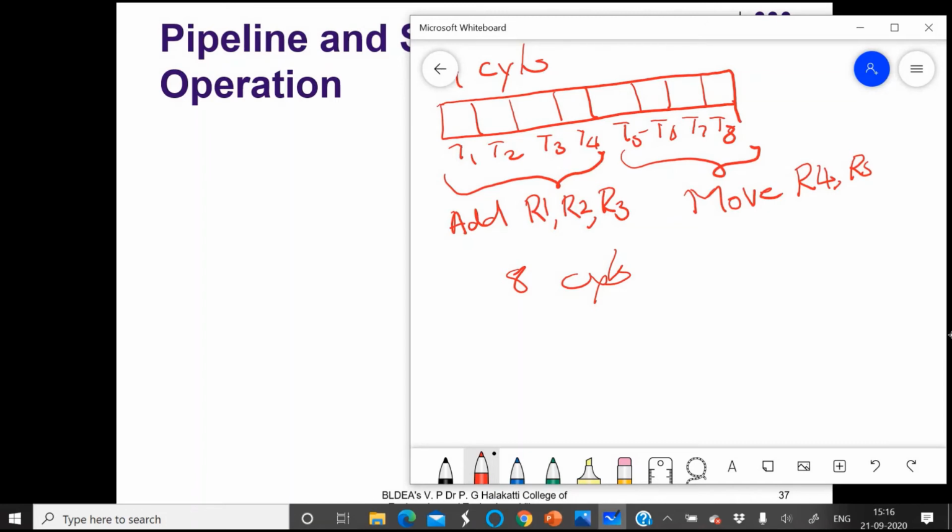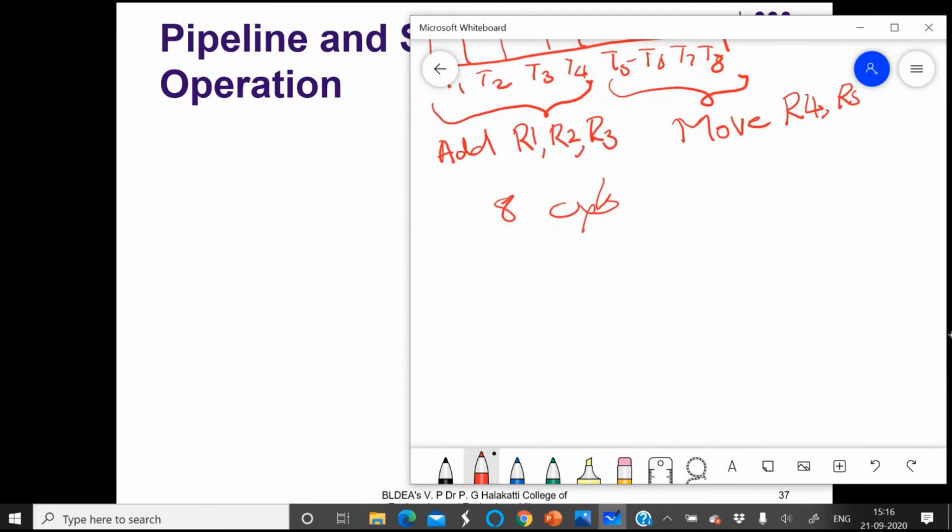If we use pipelining and prefetching, we will require only 5 cycles. Now let's see how it can be 5 cycles. Let me put the clock cycles, say 1, 2, 3, 4, 5, 6, 7, 8.